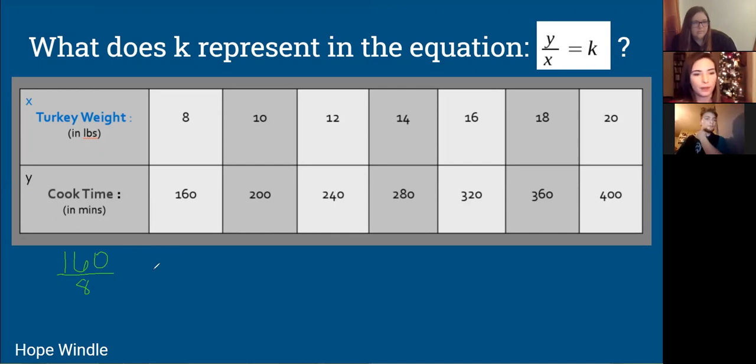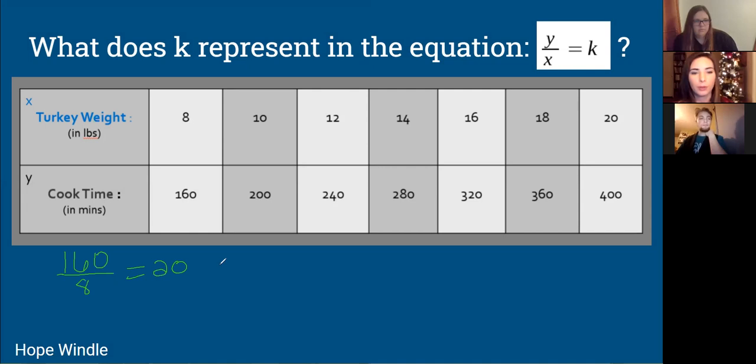Well, to find K, our constant, what does that work out to? 20. Okay, like 160 over 8, 20. Yeah. So basically what K is going to represent is roughly about 20 minutes per pound cook time.